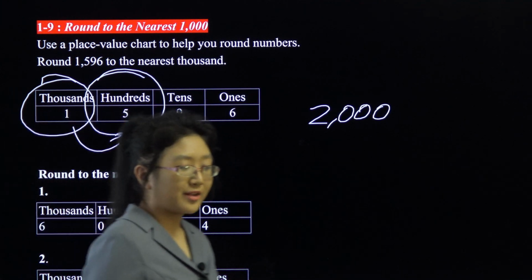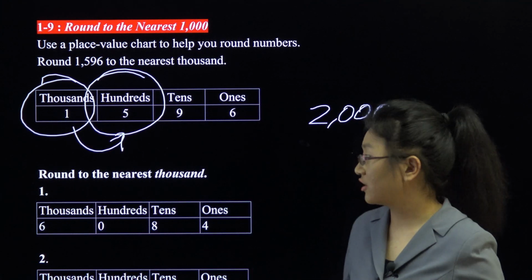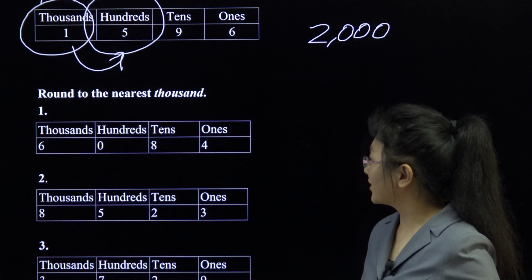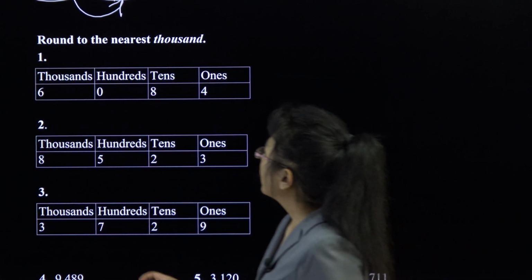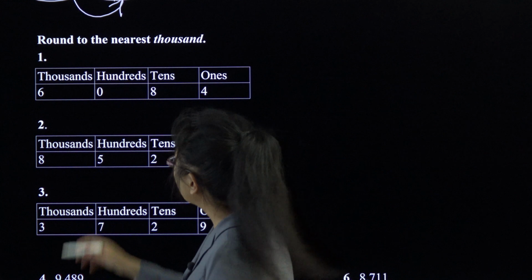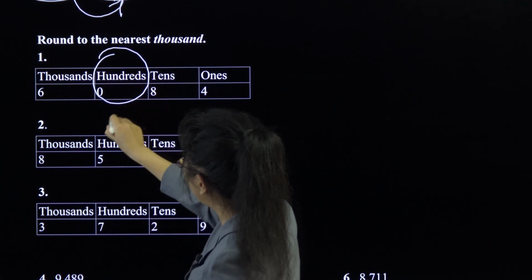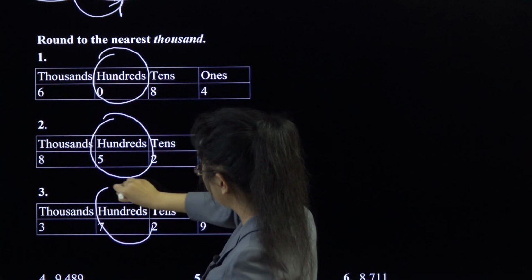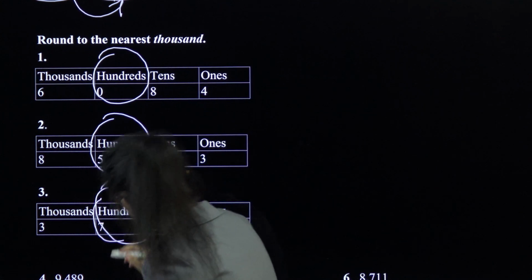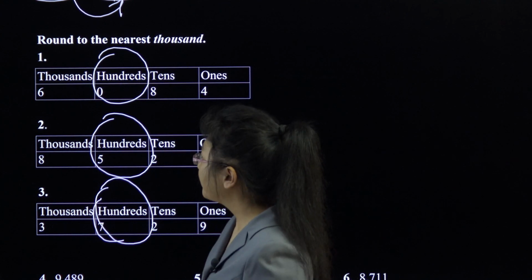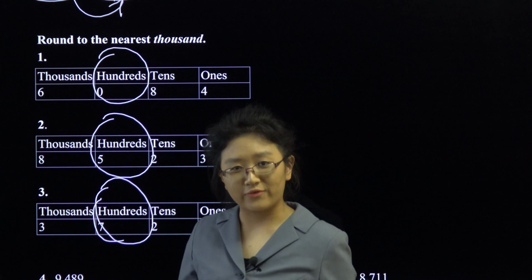We're going to do some practice problems. As usual, round to the nearest thousand. For the nearest thousand, you would go 1 to the right, so you would look at the hundreds place. This is a 0, and 0 is smaller than 5.